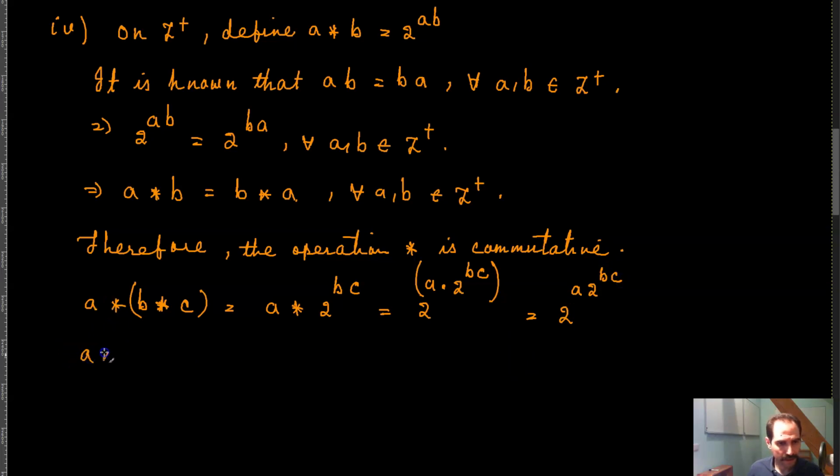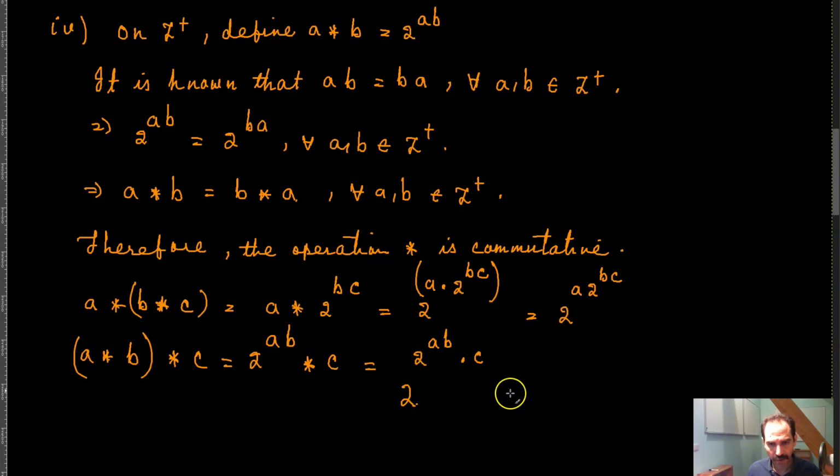Now if I calculate A star B star C, that is going to be equal to 2 raised to the power AB star C, and then I have to write this as 2 raised to the power 2 raised to the power AB times C, which is the same thing as 2 raised to the power C times 2 raised to the power AB.